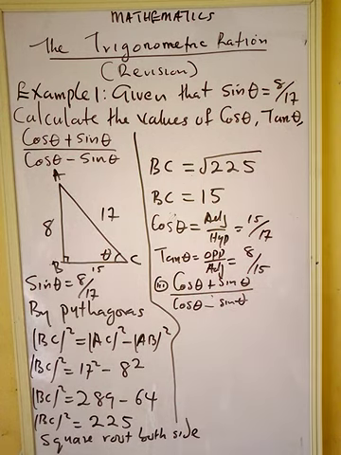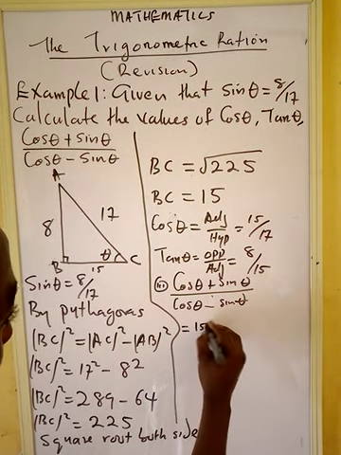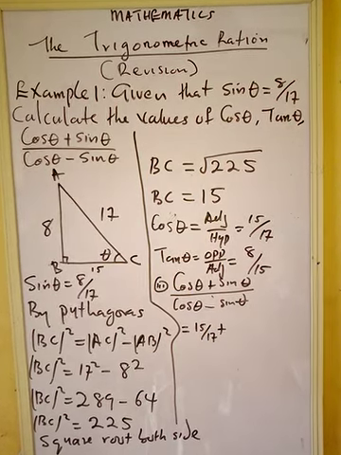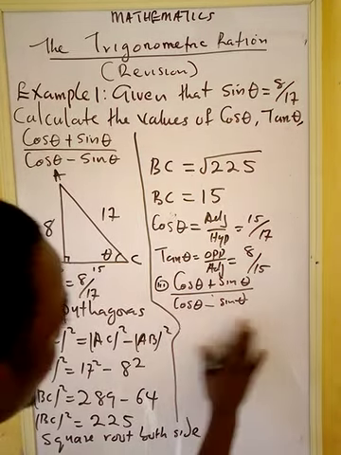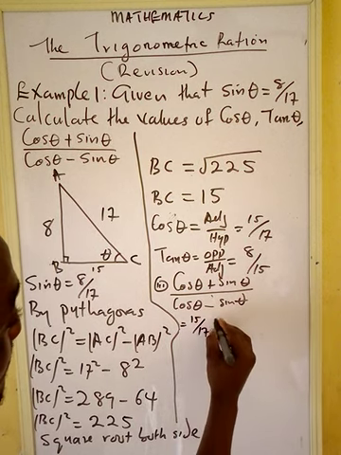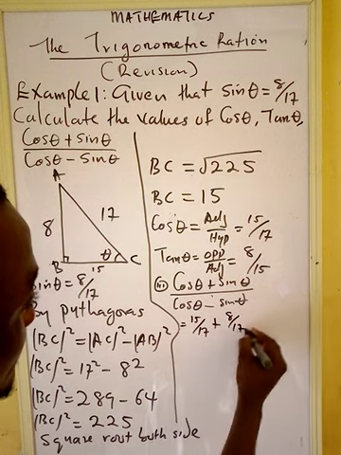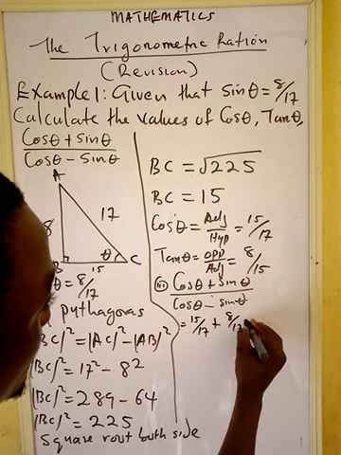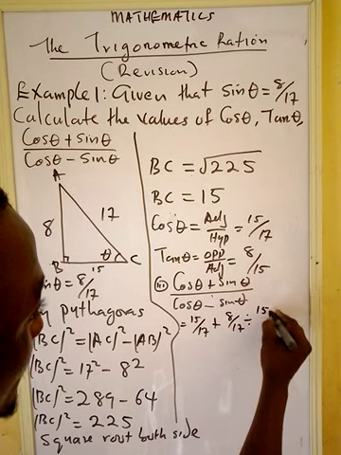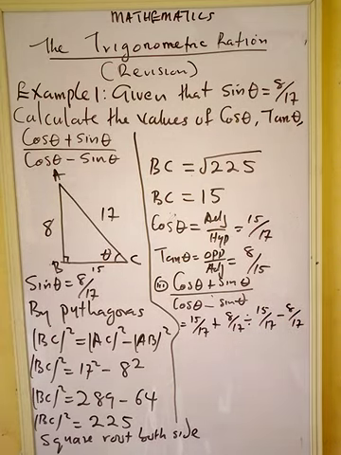Our cos theta here is 15 over 17 plus our sin theta, which is 8 over 17, divided by cos theta again, 15 over 17 minus 8 over 17.